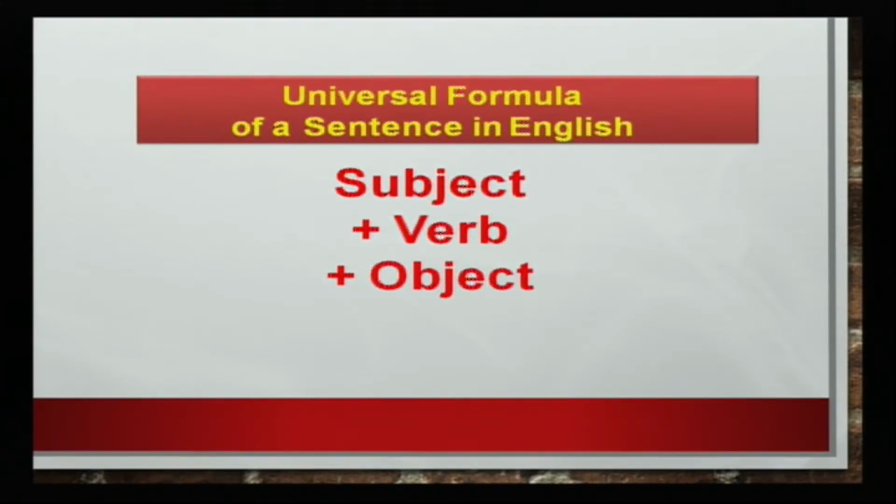Subject is anyone who is doing the action in the sentence. So, whatever the sentence is all about. So, if I am talking about I, then I is the subject. If I am talking about he, then he is the subject. If I am talking about we or Ram or Seema or Priya or anyone, whoever is the doer in a sentence is the subject.